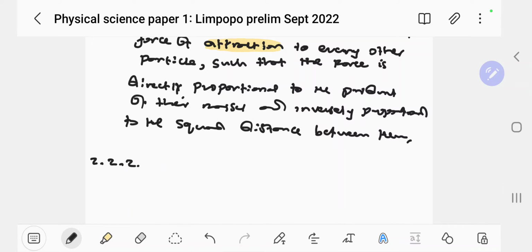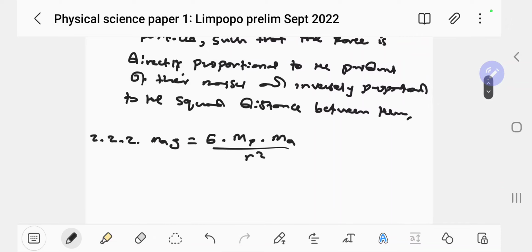Remember, the weight, isn't it? It's mg is equal to, well, we know that when we use Newton's law of universal gravitation, we're going to have the gravitational constant multiplied by the mass of this planet multiplied by the mass of the astronaut, over r squared, meaning the distance between this astronaut and the center of that planet.